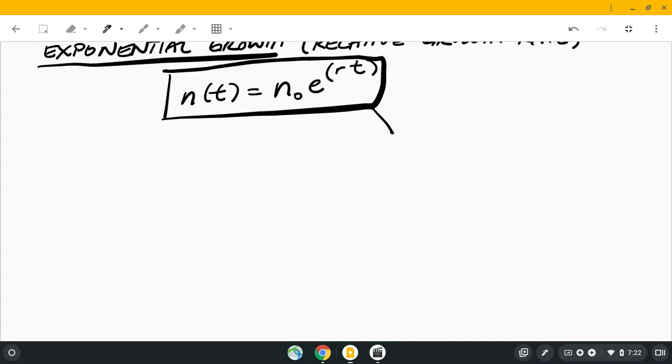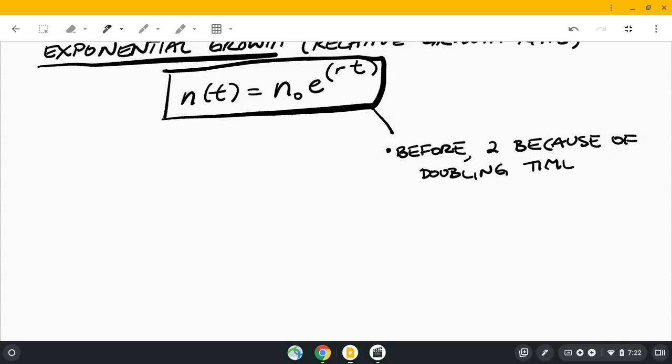Okay, so before we had 2 because of the doubling time. We could have had 3 if it were tripling time. Okay, let's write that down. So you can also use 3 for tripling time, like if you know the time it takes to triple.